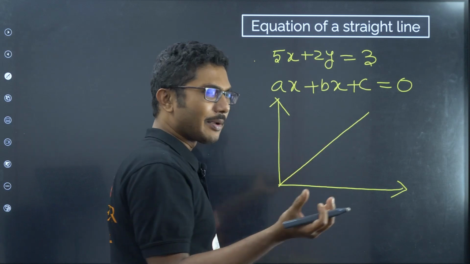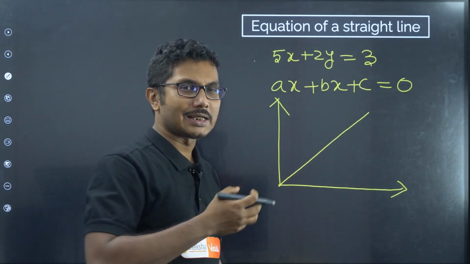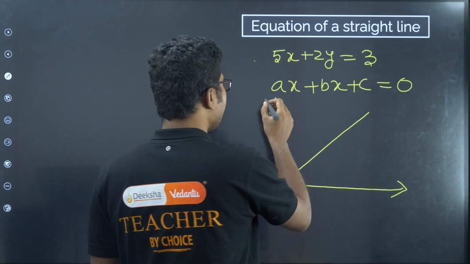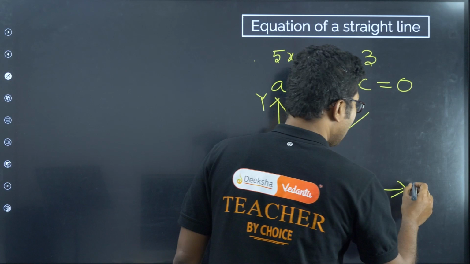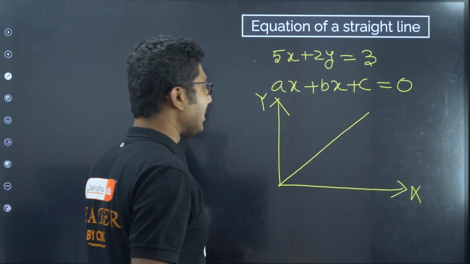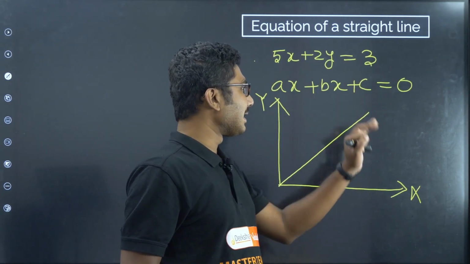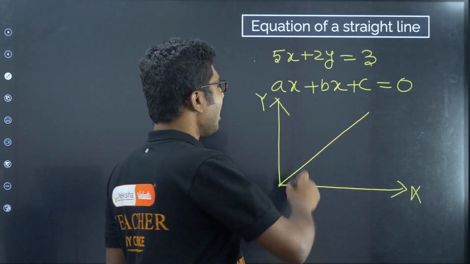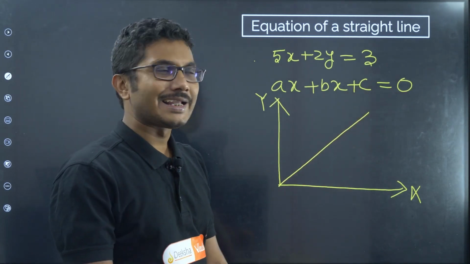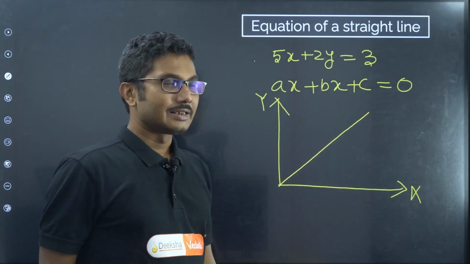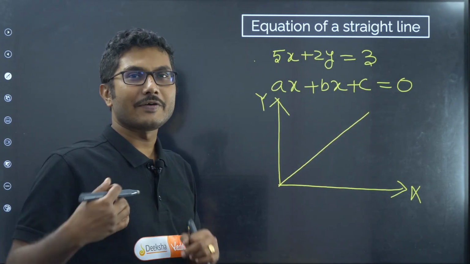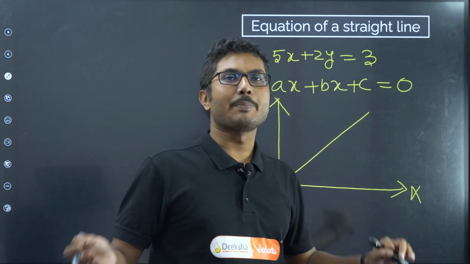There are 3-dimensional equations as well, but we are not discussing those here. We are only discussing 2-dimensional equations, that is x and y only. So when x and y are given, you can draw a straight line. Now this straight line can represent different things, and there are different ways to represent a straight line.